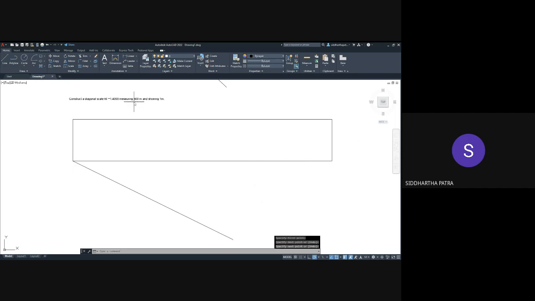That way each segment would be 100 meters, and I'm taking this arc and making copies of it. One, two, three, 4, and 5.